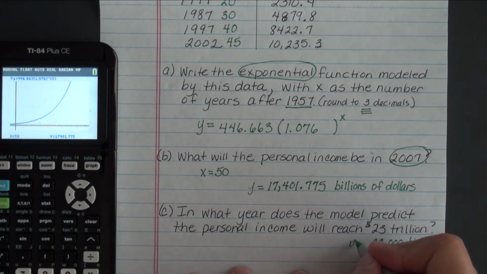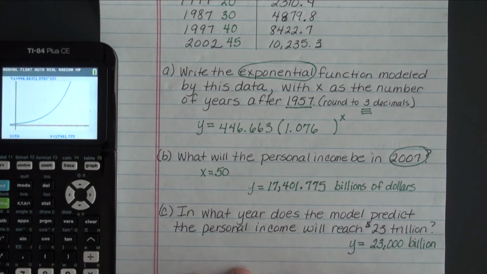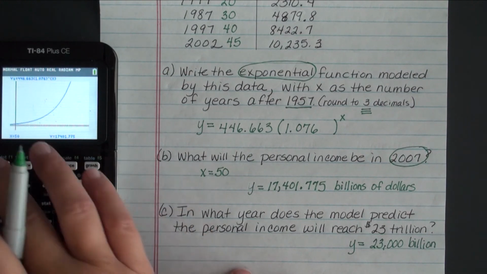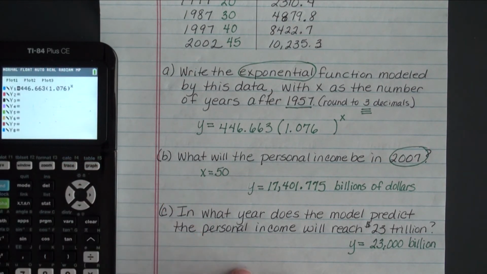And that is our y value. We want to figure out what x is. So I'm going to go into my y equals, go to Y2, put in 23,000, and then graph.